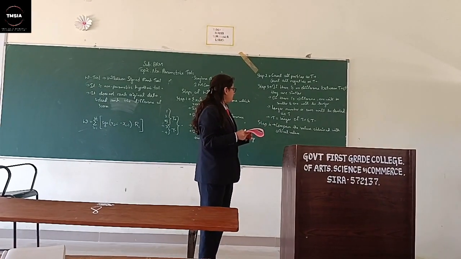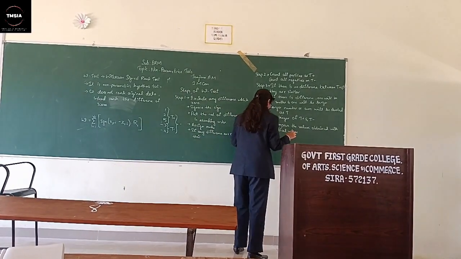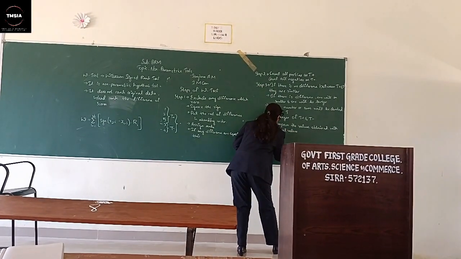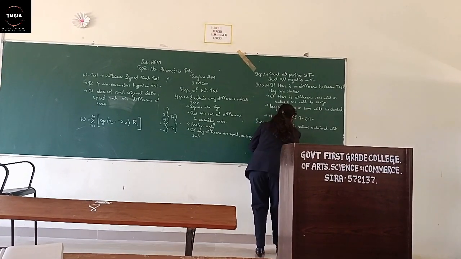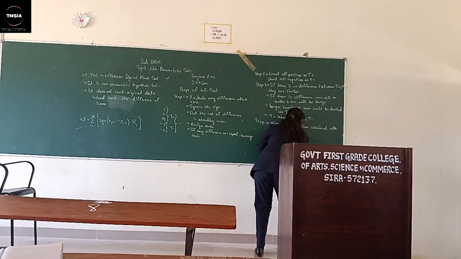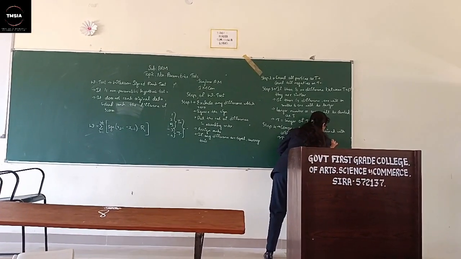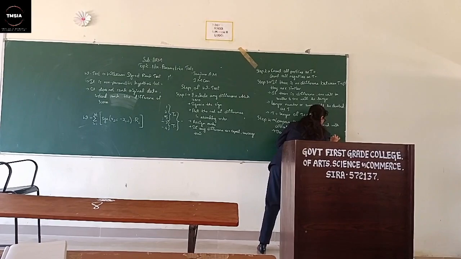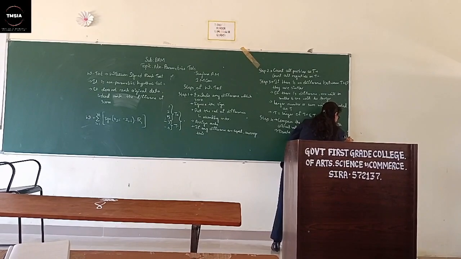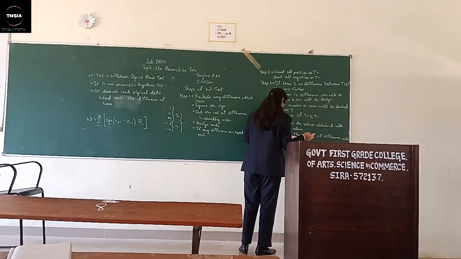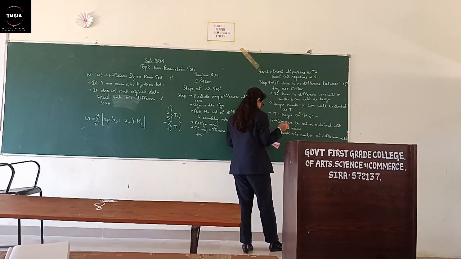In this, they will compare the value obtained with the critical value. Then they denote the number of differences as n. In this again, exclude the 0.